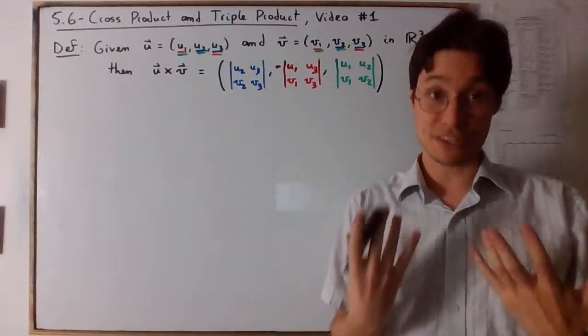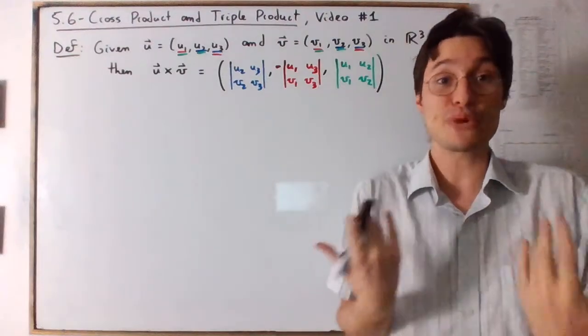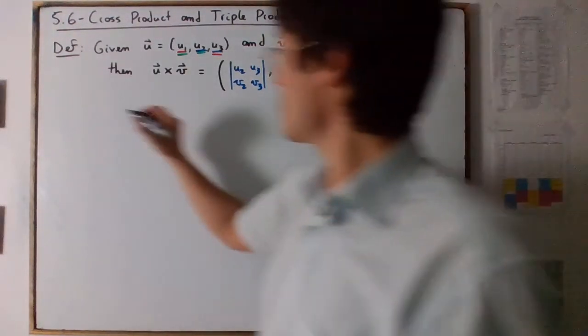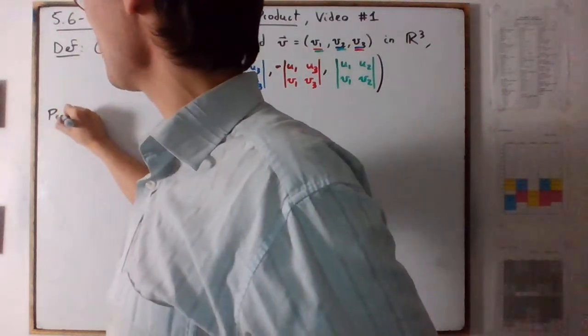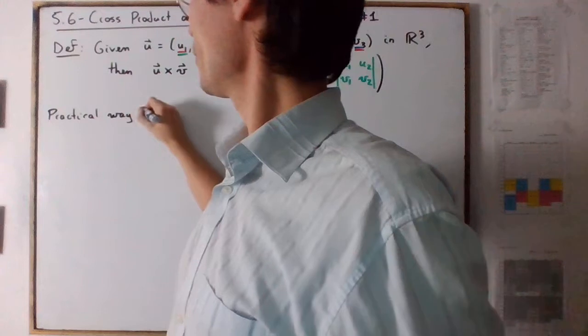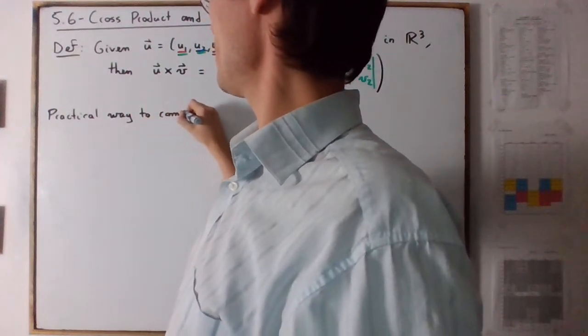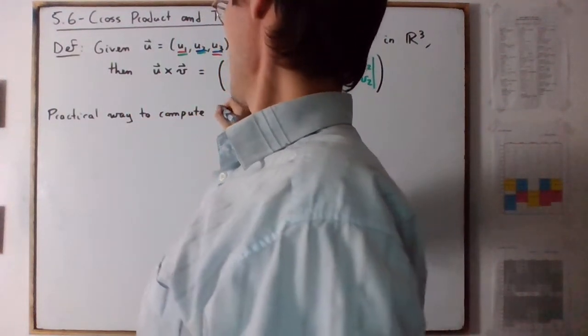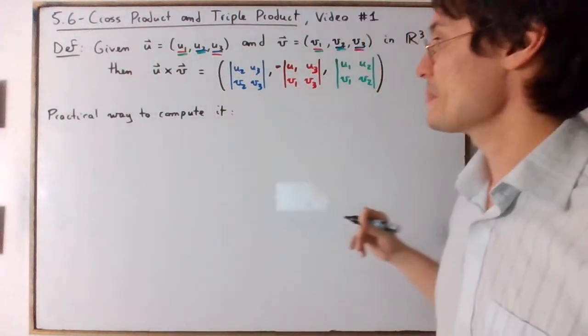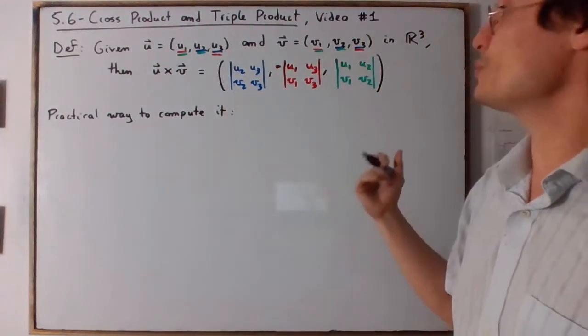When I was a student myself, my teacher presented it also that way, that I'm going to show you. So, a practical way to compute it. That being said, you will never see me use this. So how do you do this?